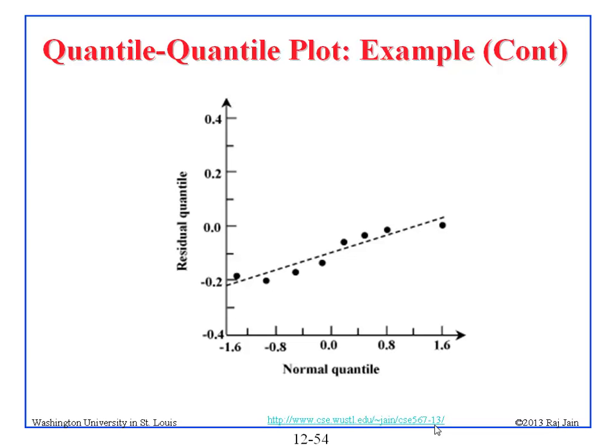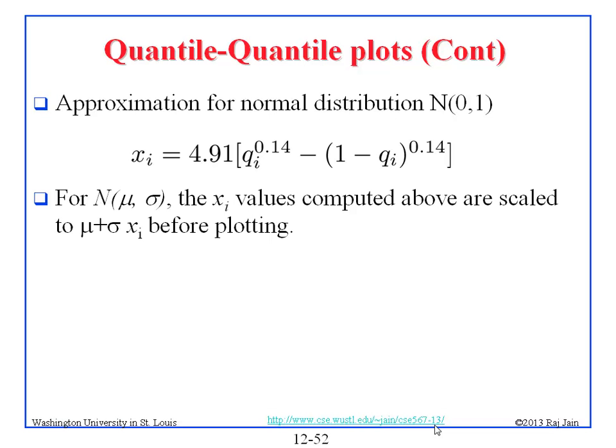All right. Now, since you'll be doing normal quantiles quite often, you don't want to go to the book to look at the values. So there is a shortcut. This formula gives you the normal quantiles very close to those in the book. It is an approximation formula. So you want the qith quantile, you just take qi raised to 0.14 minus (1 minus qi) raised to 0.14, and so forth.